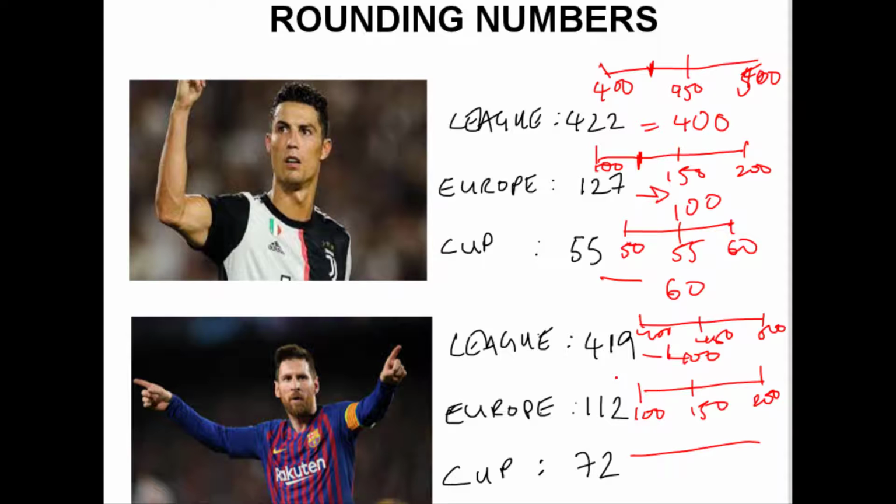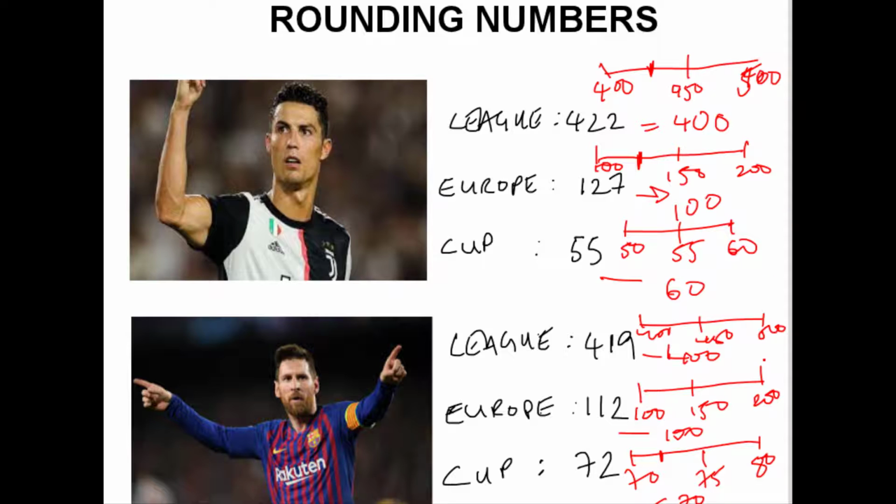So the European goals is closest to 100 or 200? That's right, closest to 100. And this 70 and 80, 75, 72 is roughly between 70 and 75 here. So therefore the closest is 70. Let me just put it a bit higher, 70.